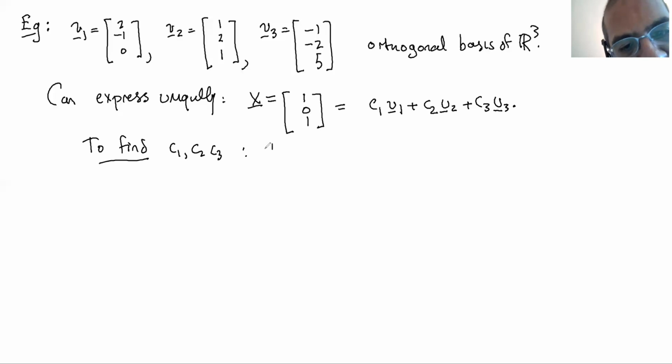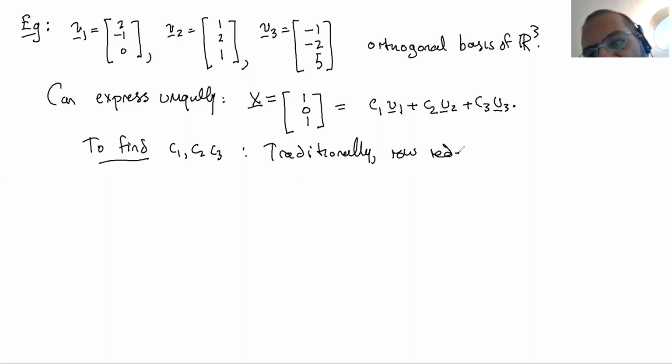To find these coefficients, traditionally you just do row reduction, right? Given linearly independent vectors, we know how to express a vector in their span as a linear combination of them with row reduction. But the nice thing is now with orthogonality, you can do something that's much easier.